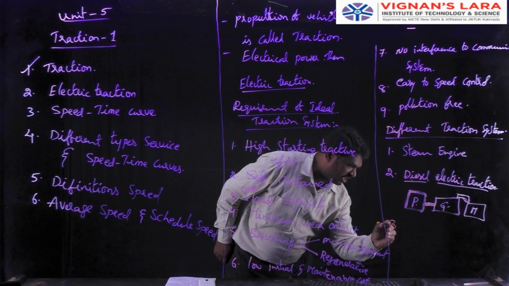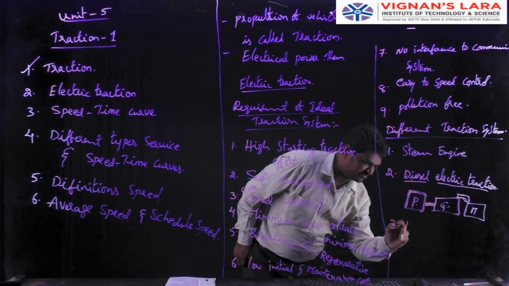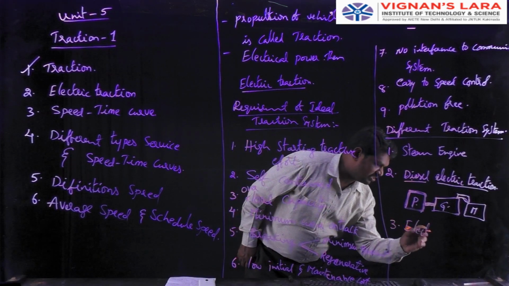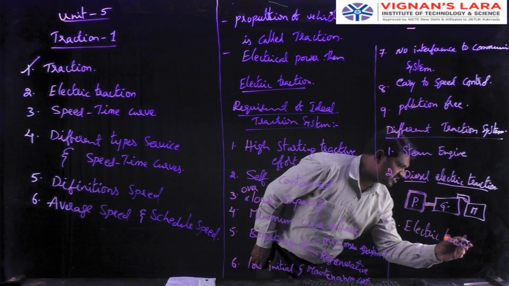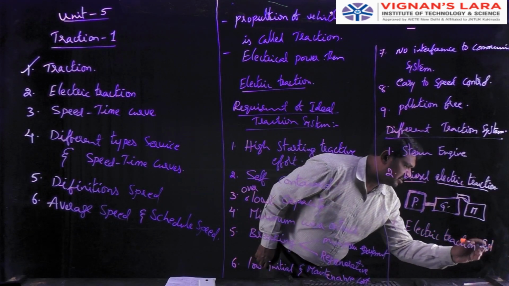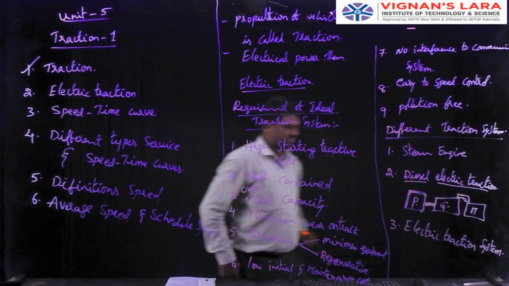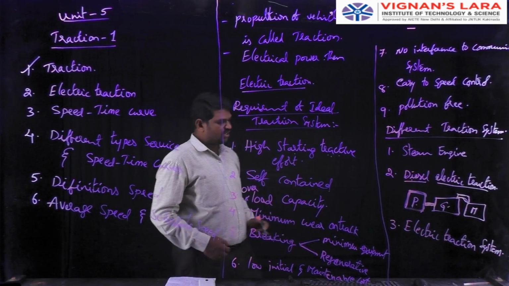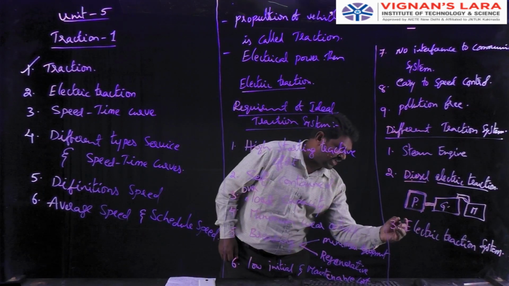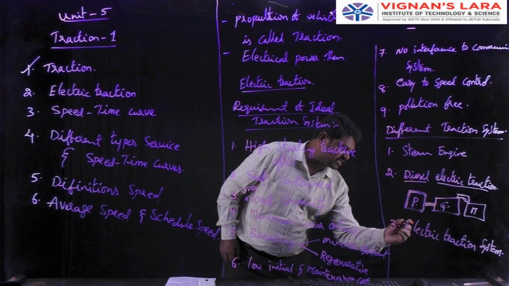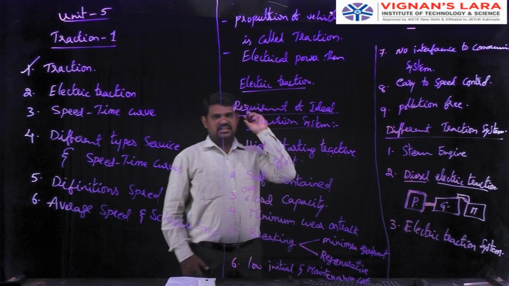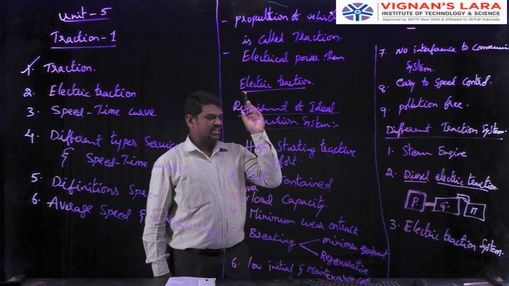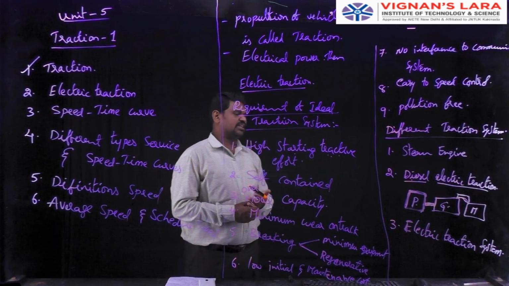Next, the third one is the electric traction system. Here, by using a single wire, we can give the electrical energy to that conductor.